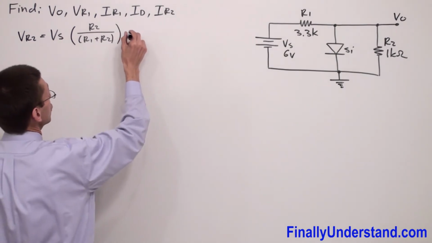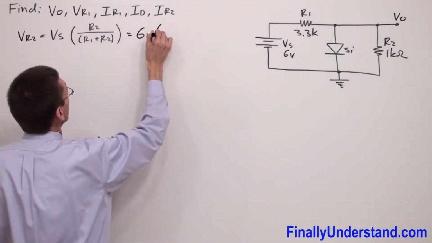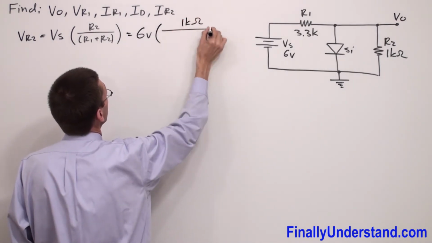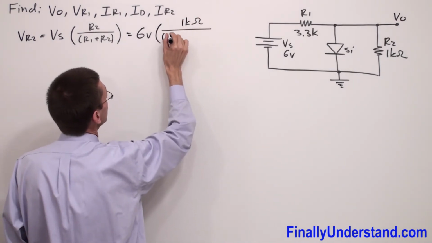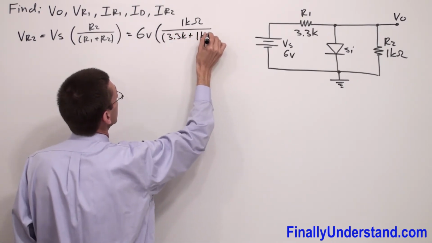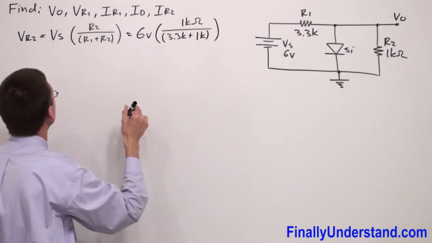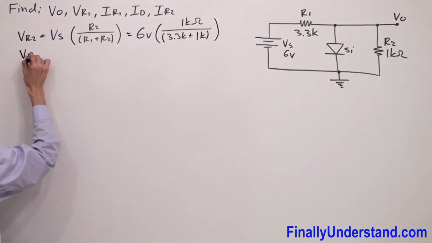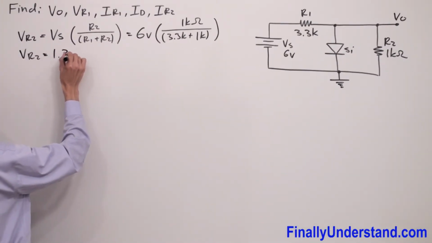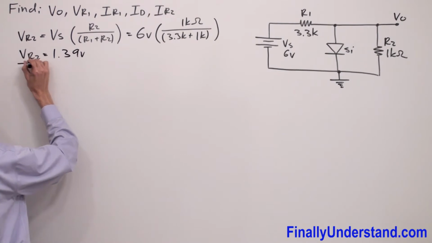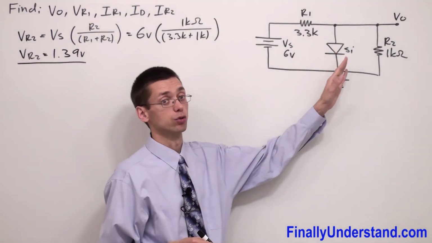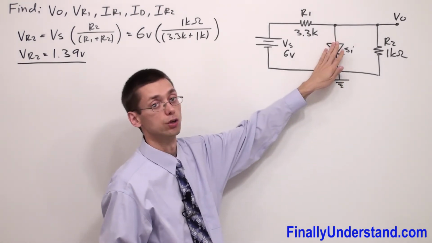So we have the voltage source equals 6 volts, R2 is equal to 1 kilo, and R1 equals 3.3 kilo, plus 1 kilo. So VR2 is equal to 1.39 volts. So this is the voltage across the resistor R2 when the diode is ignored.